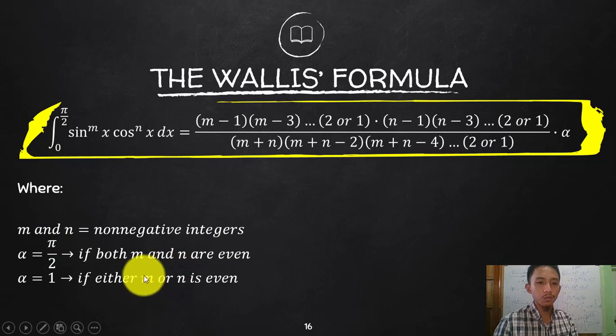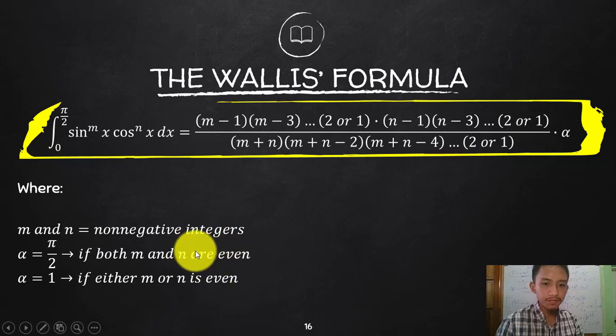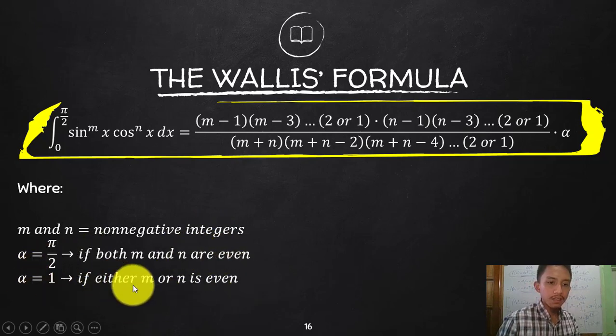But if one of them or both of them is odd, then that is equal to 1. So that is our alpha. Simple as that.